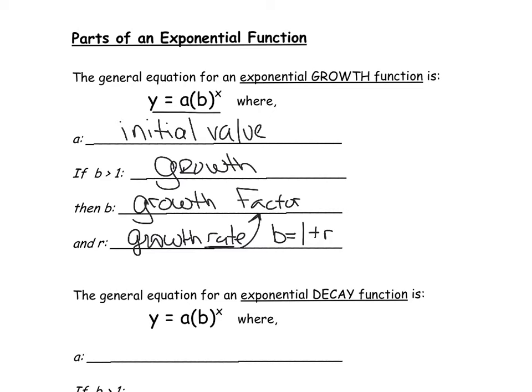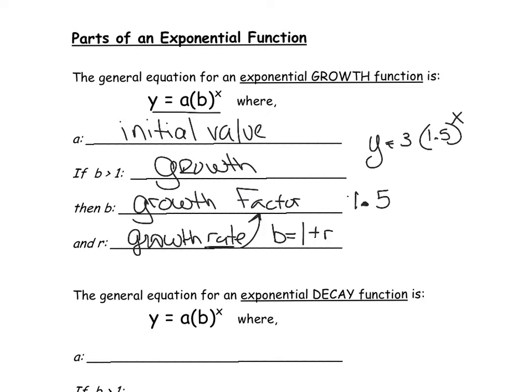Okay, so if I've got y equals 3 times 1.5 to the x, then 1.5 would be my factor.